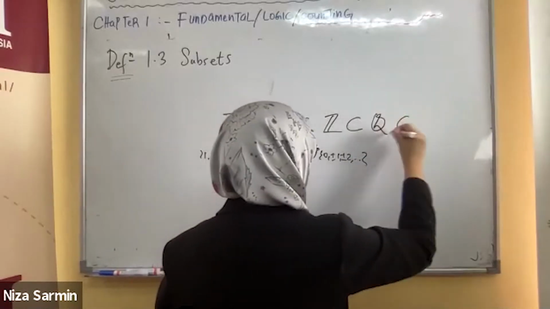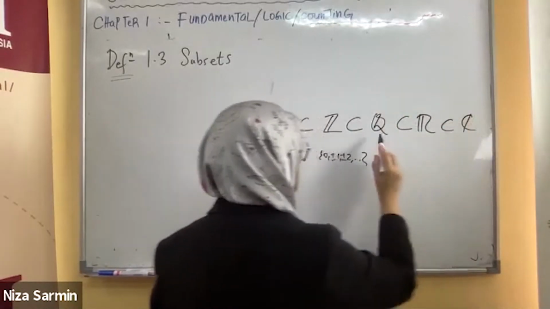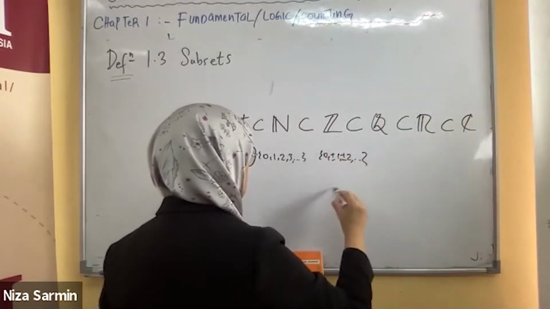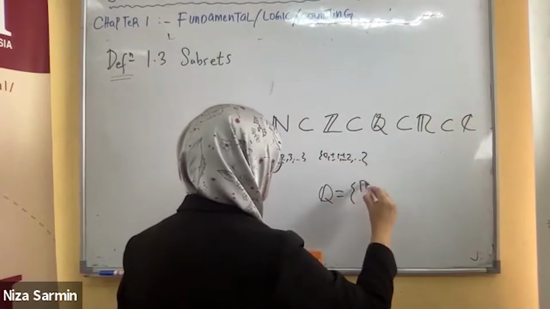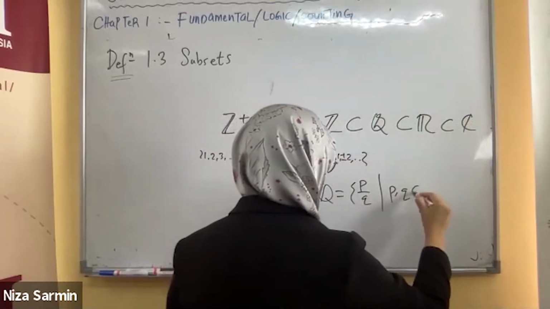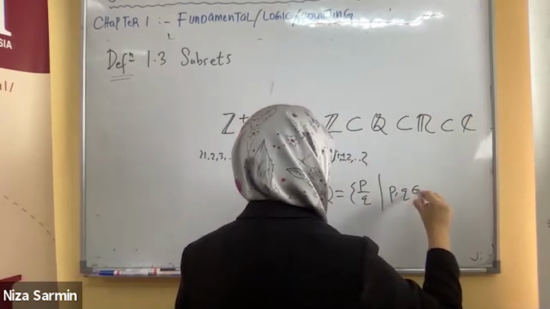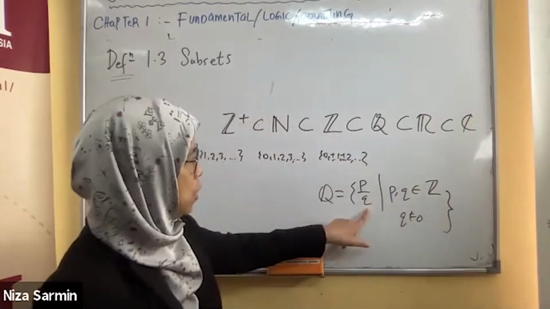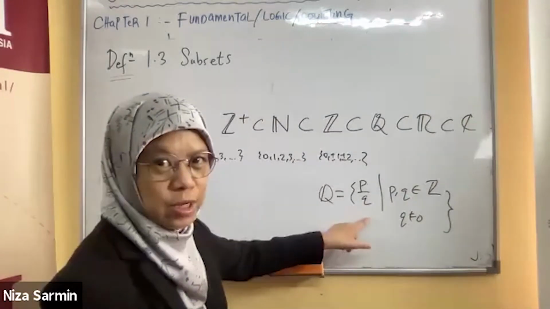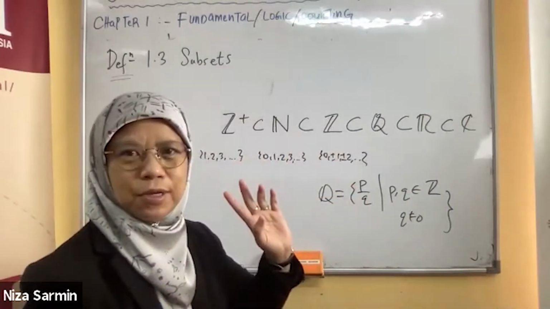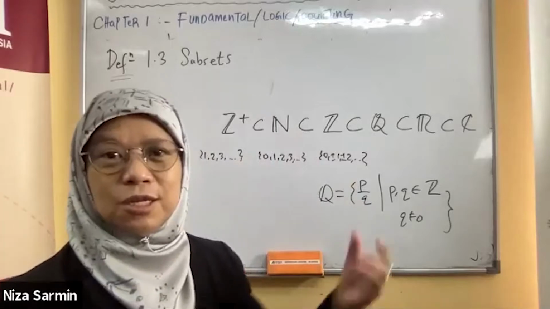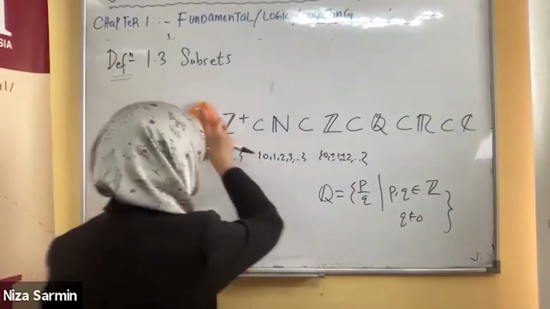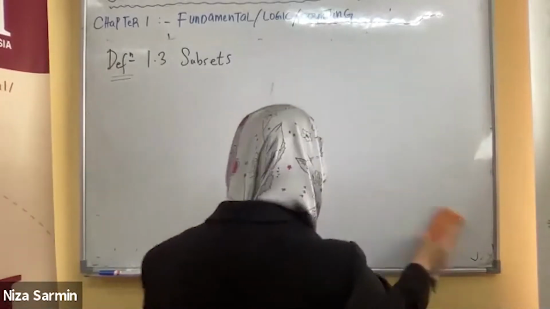So I put Q, R, C. Z is in Q because if the denominator is 1, then it becomes Z, right? So like 6 is 6 over 1 or 12 over 2, so it's a fraction. Okay, done with this subset, right?